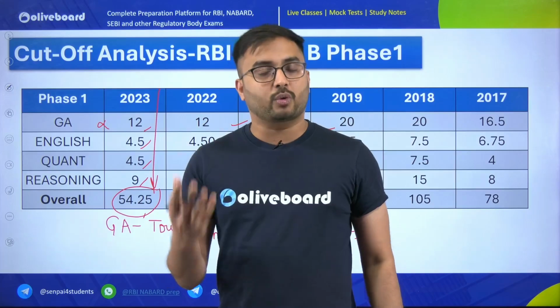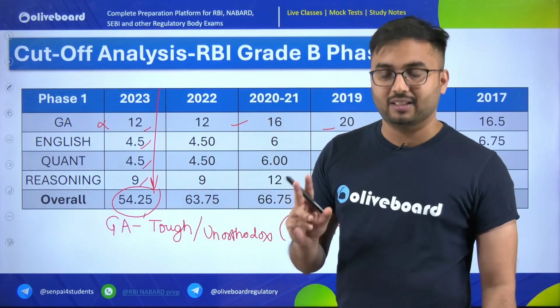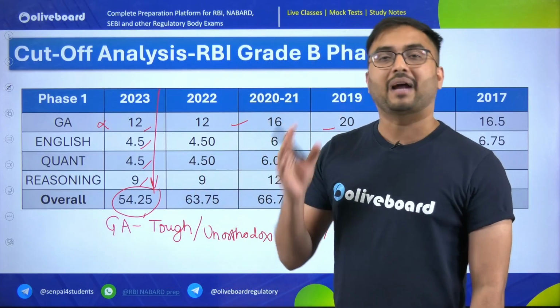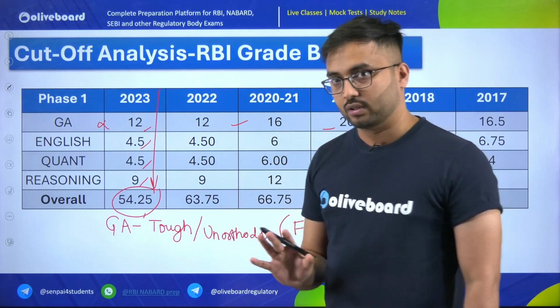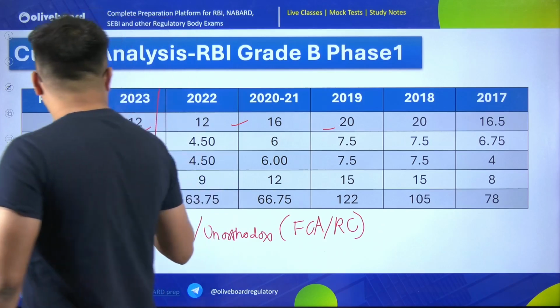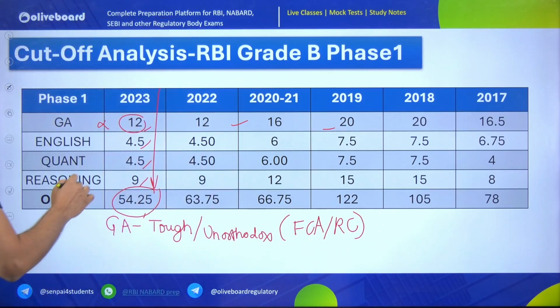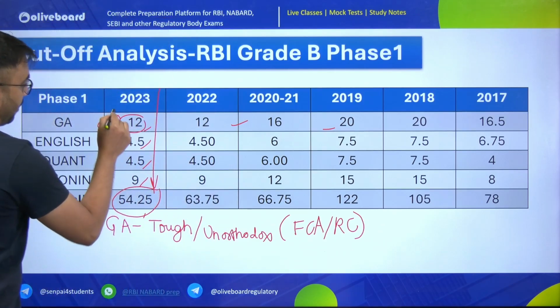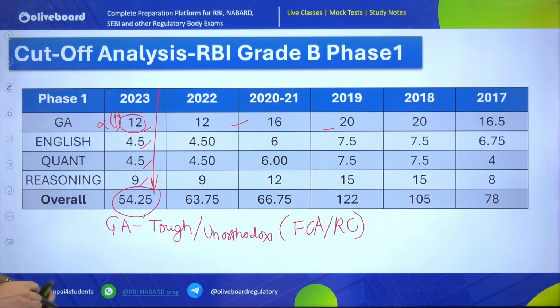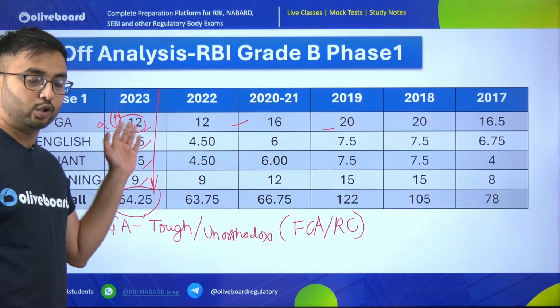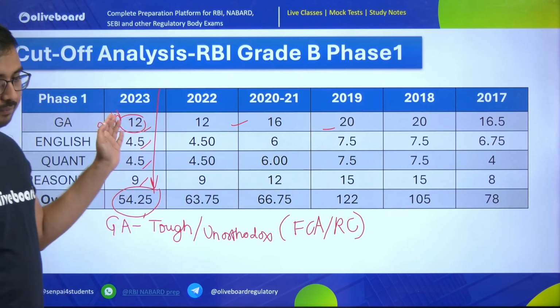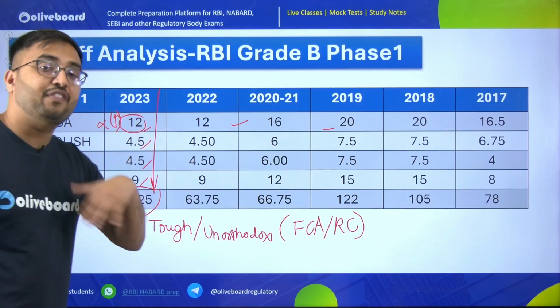If you look at the type of questions asked, single statement and double line statements were asked maximum in this section. Overall, the level of this GA section was higher than the previous year. In 2023 the cutoff was 12, but this year GA was different in nature.